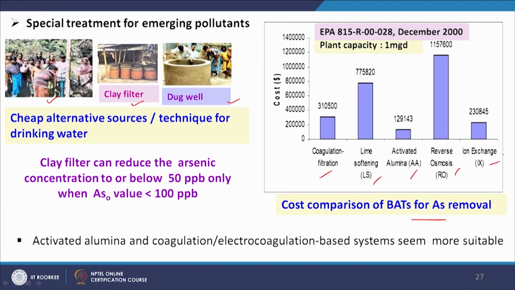These 5 are identified as the most promising, and out of these, activated alumina and coagulation or electrocoagulation are two techniques that are very important. It seems that these systems may be more suitable for the treatment of contaminated groundwater, particularly when emerging pollutants are present, and they can be affordable to the common mass of poor countries also. So, up to this in this class, thank you very much for your patience.